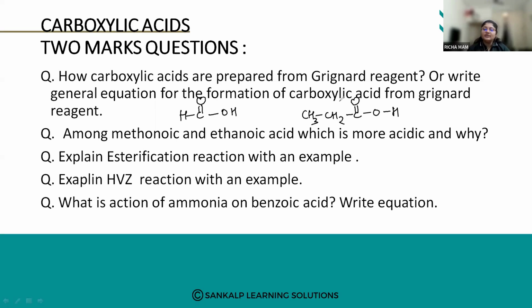So it will decrease the polarity of the OH bond, and because of that the acidity decreases. So methanoic acid is more acidic in nature. The reason is the plus I effect in ethanoic acid.